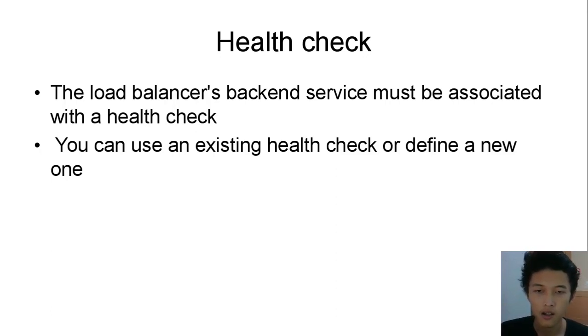If you are using an external balancer, it can also use the same health check. Let's say your external load balancer is going to allocate traffic to another VM instance if the CPU usage is above 80%, something like that, and your internal balancer can also use the same rules.